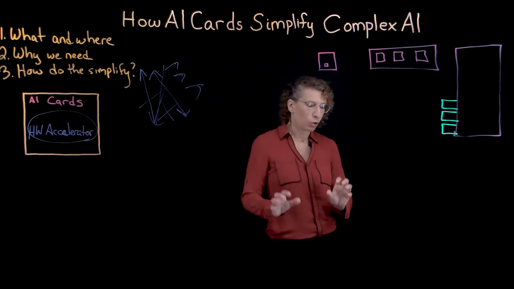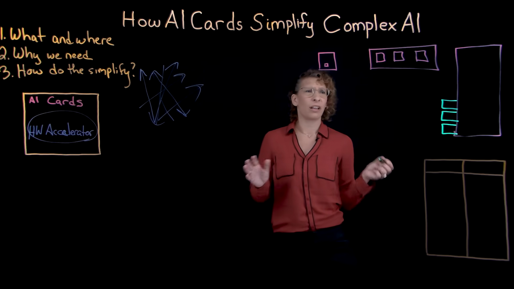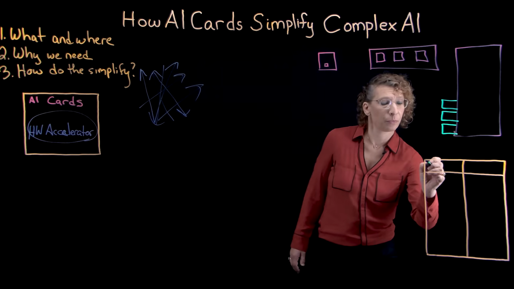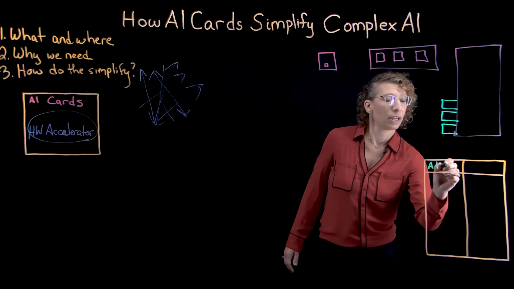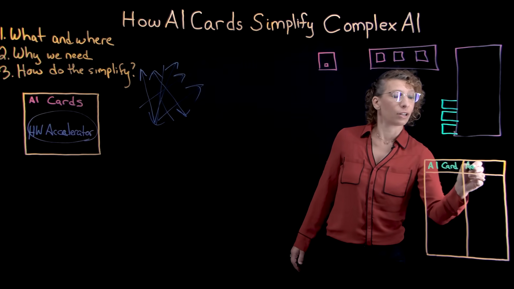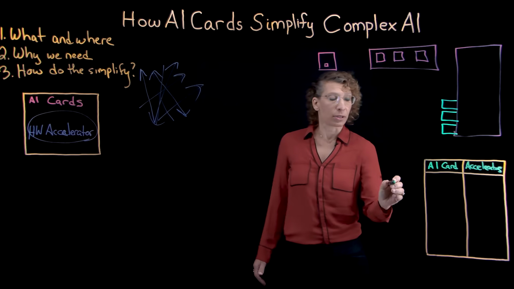The distinction is a little bit important, so let's spend a little bit of time understanding more about why they're different and why both are still important parts of the ecosystem. So let's compare cards with accelerators. Purpose.